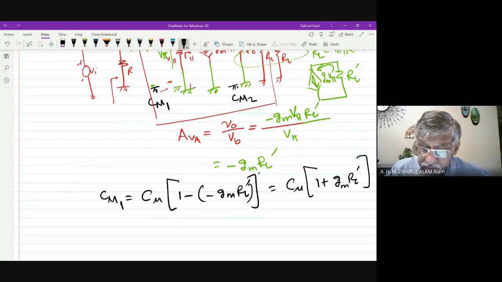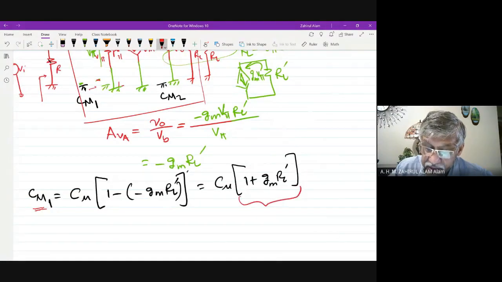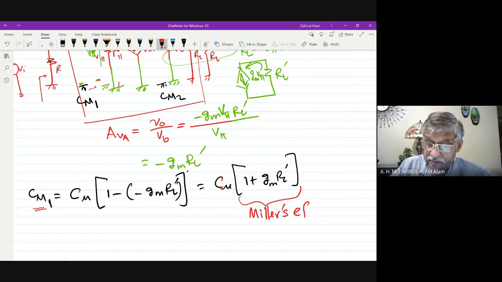Now the Miller's effect states that our capacitance, the input capacitance C mu, is increased by the factor 1 plus GM RL prime, and this increase is known as Miller's effect.